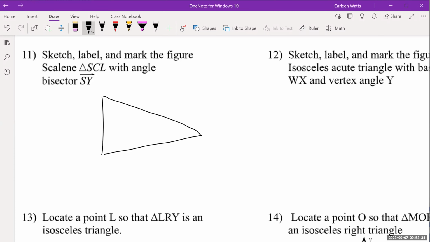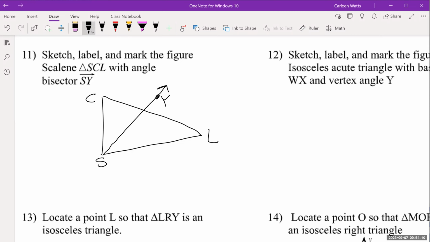Because I have not marked them, we know it's not isosceles. Okay, angle S is going to have an angle bisector. So let's make this one S. So S, C, L. Angle S is going to have an angle bisector. So shoot the arrow. SY is an angle bisector.